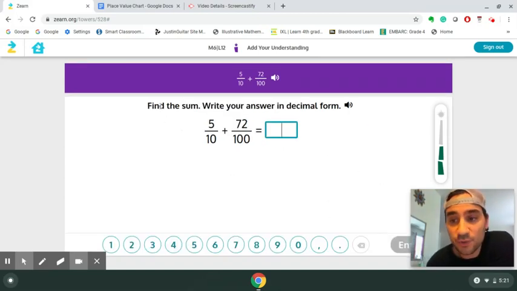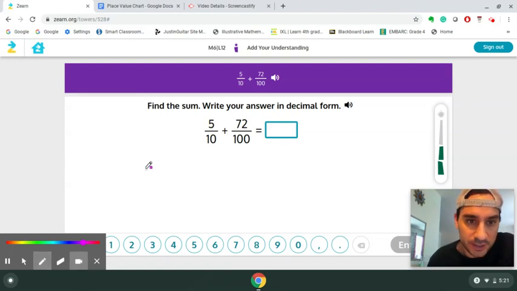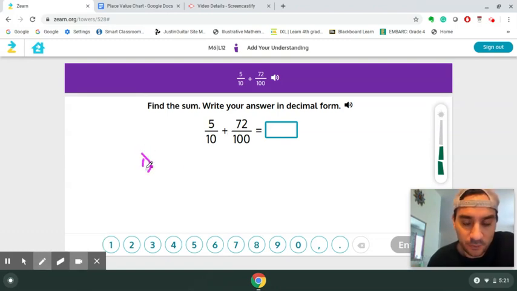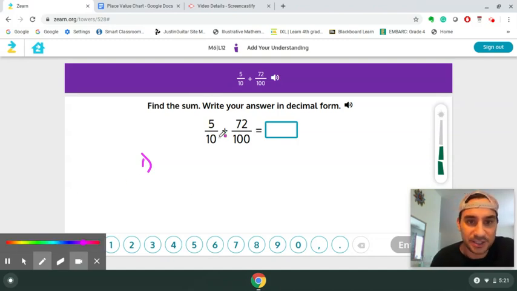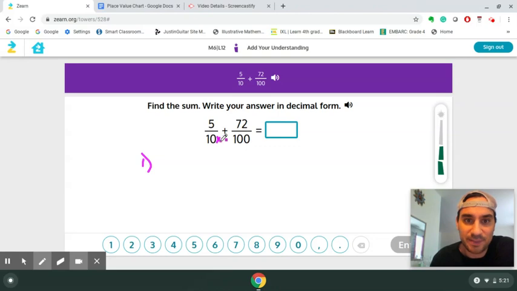Okay, here they're going to have us do every single step in order to get to our decimal form. So let's go in order. Step 1, we need to create common denominators. We need like fractions here. So I'm going to multiply tenths by 10 and this 5 by 10, my 5/10ths.